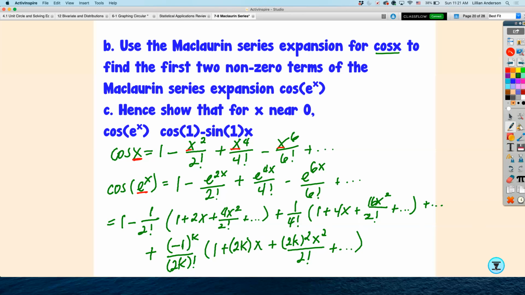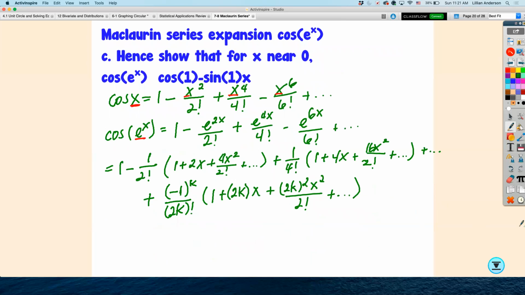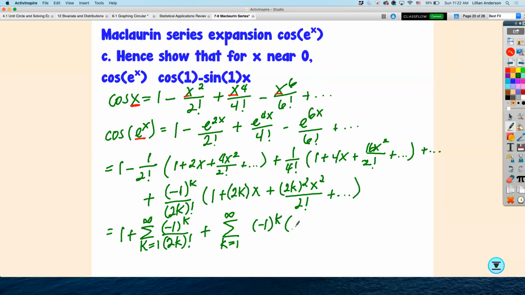That, again, can be simplified down using our sigma notation. So then that is going to be 1 plus the sum of k equals 1 to infinity, -1 to the k power over 2k factorial, plus the sum of k equals 1 to infinity of -1 to the k power times 2k over 2k factorial.